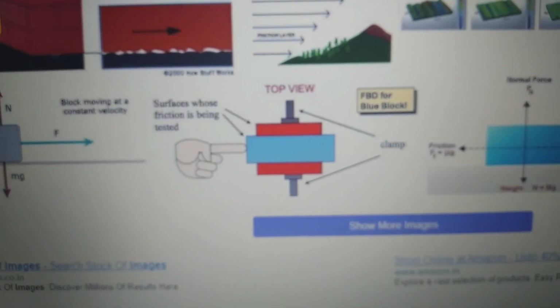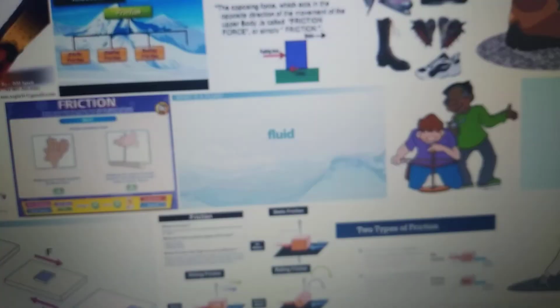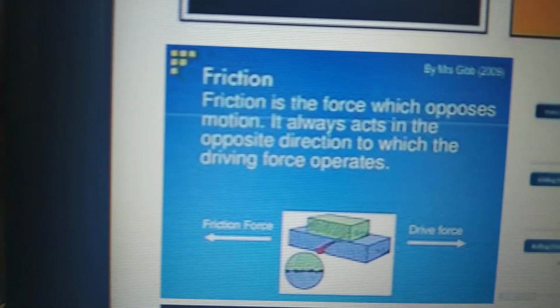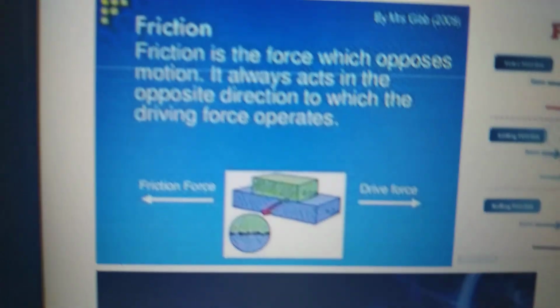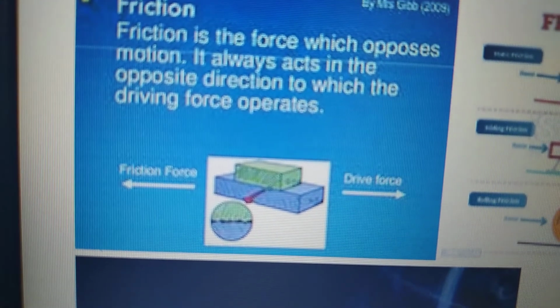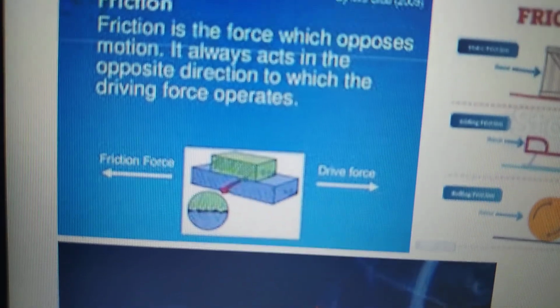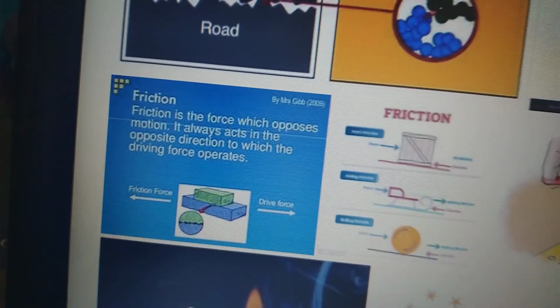Understood? Each and every thing is clear, I think. Friction is the force which opposes motion. It always acts in the opposite direction to which the driving force operates. Understood? So this is about your lesson.